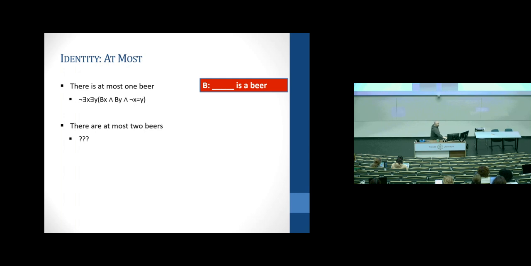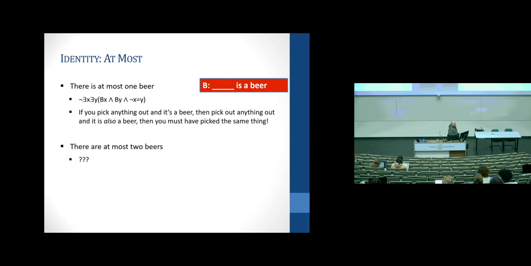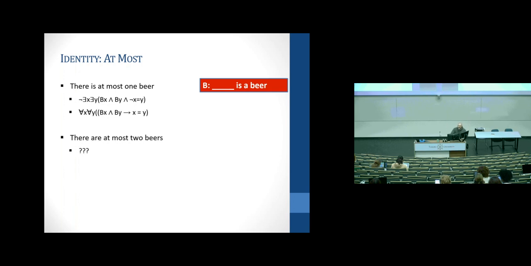So we can say, for any X and any Y, if we reach in and grab it, and both of them come out as B's, then they must be identical. I must have grabbed the same thing twice. So these are two different ways to say at most, in this case, at most one.